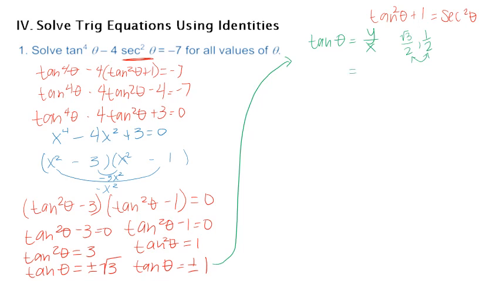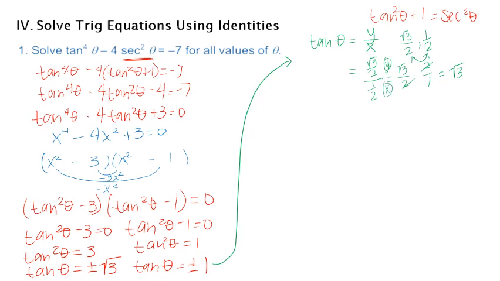Because √3 is in the numerator, I'm going to put √3 in the numerator. So I'd have √3 over 2 divided by 1/2, which means that this would be √3 over 2 times 2 over 1. And notice the 2's would cancel out, so this is equal to √3, which is what I want ultimately. So my y value has to be √3 over 2. My x value has to be 1/2.